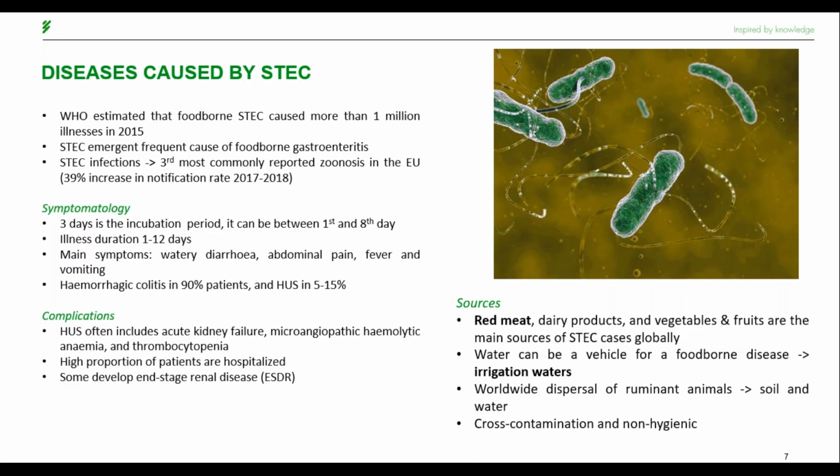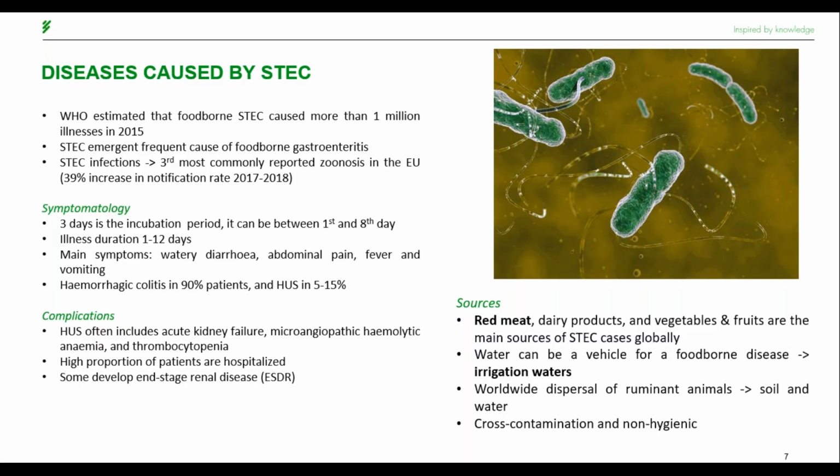The kidneys are frequently attacked, but the central nervous system, lungs, pancreas, and heart may also be affected. A high proportion of patients are hospitalized. Some develop end-stage renal disease, or as we know it more commonly, kidney failure, which means that either a transplant is required or dialysis is obligatory. Death can also occur, unfortunately.